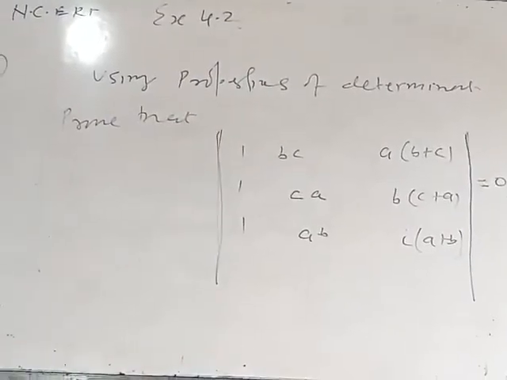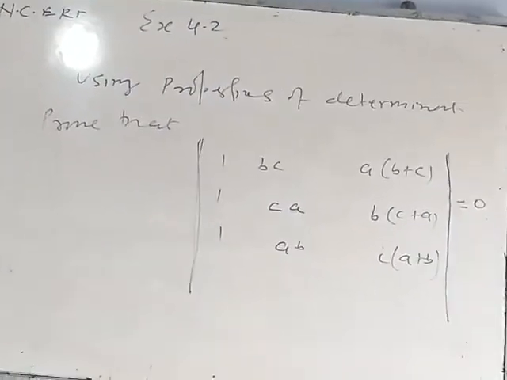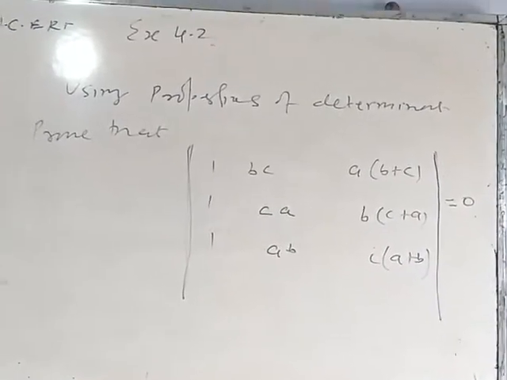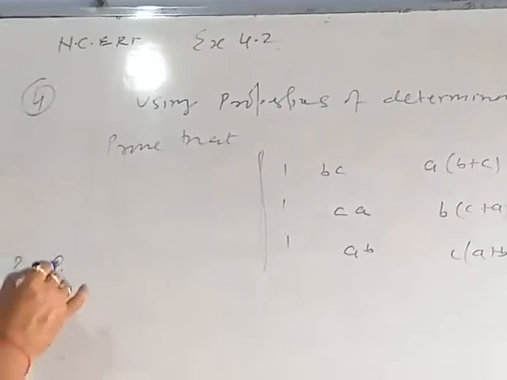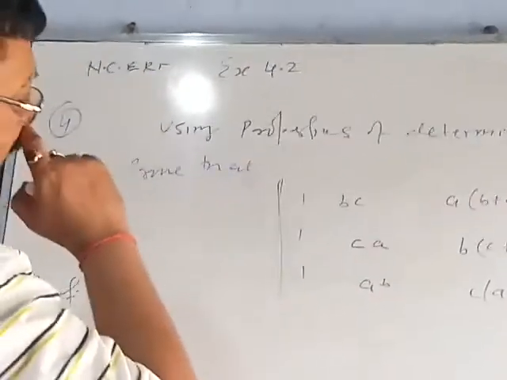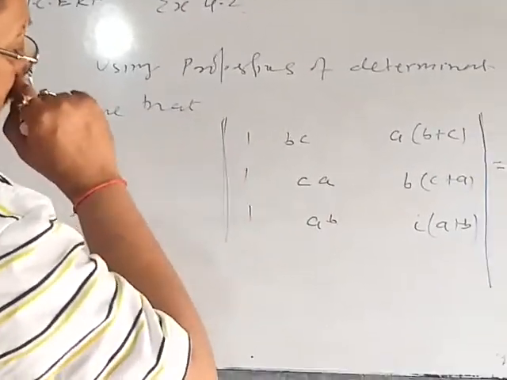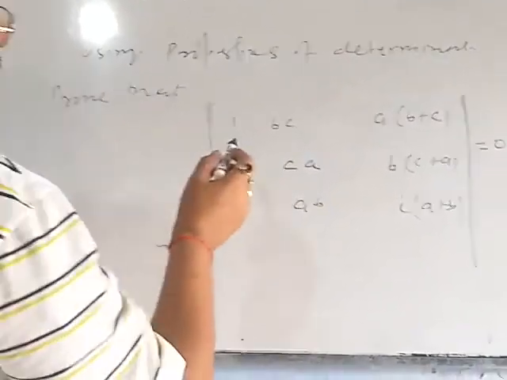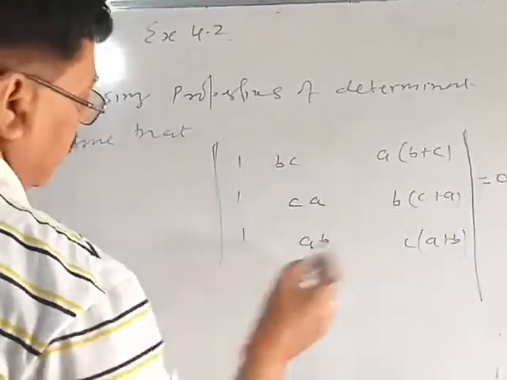So it is easy to make 0 in this column. So we can use the property. Here we want to make 0. So we can do here R1, R2, R3.